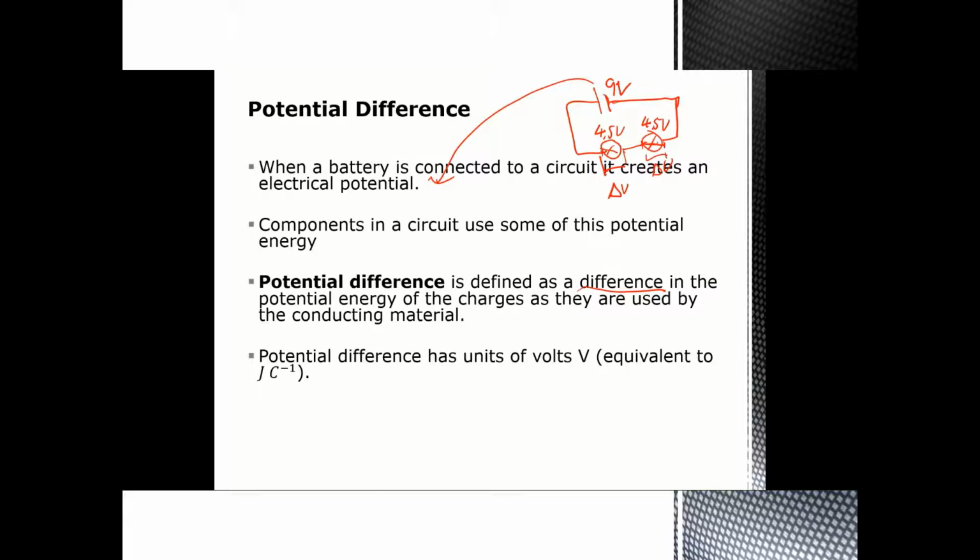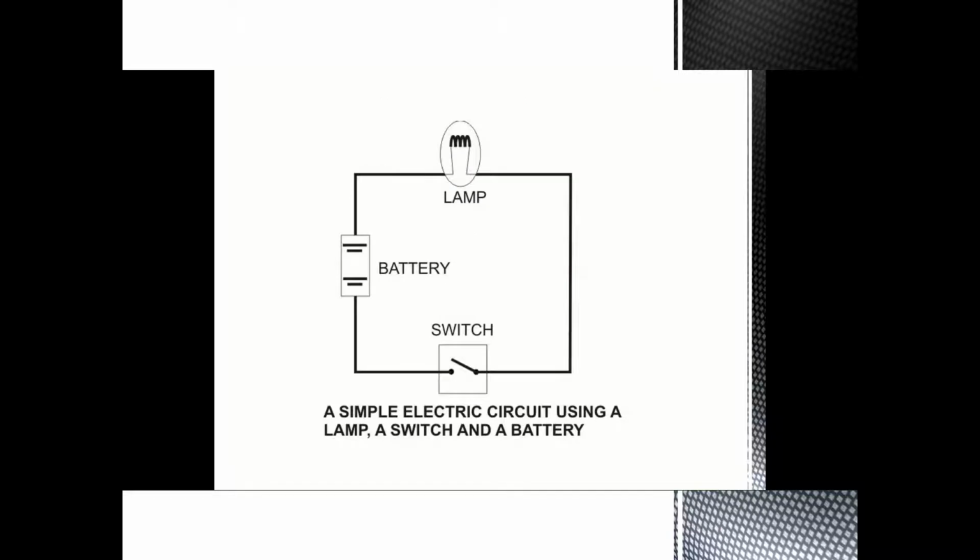Potential difference has units of volts, and voltage is the amount of energy per charge, so it's quite often rearranged as energy flowing through the circuit is equal to the amount of charge flowing through the circuit times the voltage. So here, your battery is your electrical potential, and your lamp would be your difference in voltage or your potential difference.